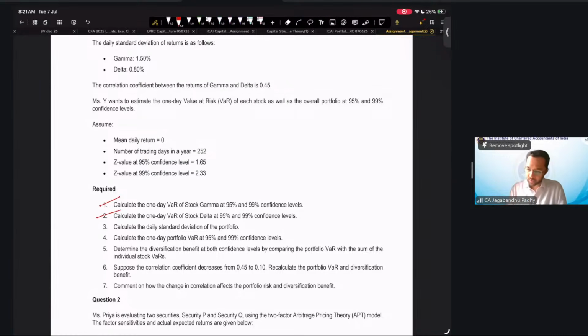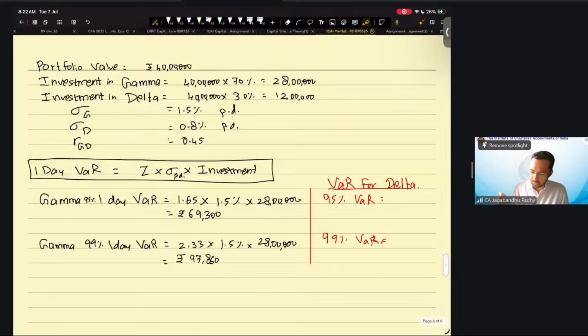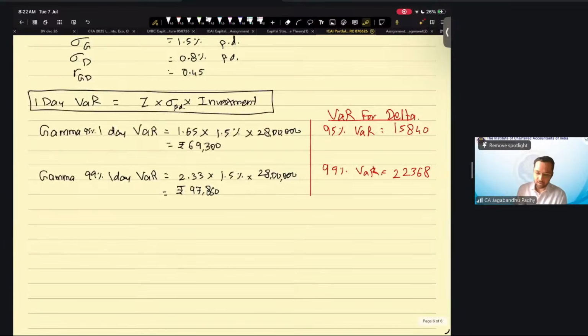Now we have to calculate the daily standard deviation of the portfolio. For that, we'll have to apply the Markowitz formula.